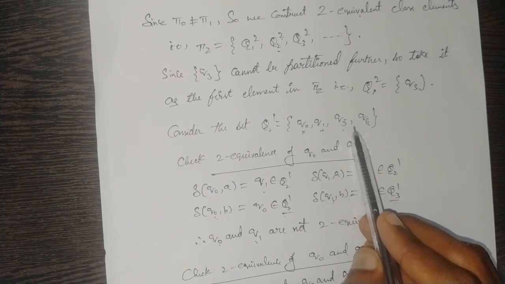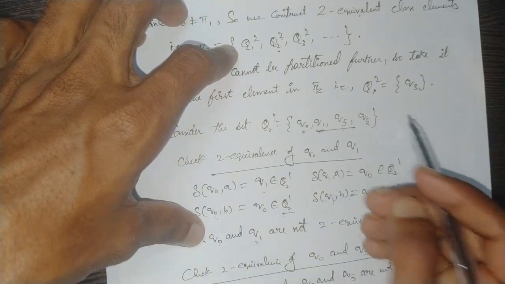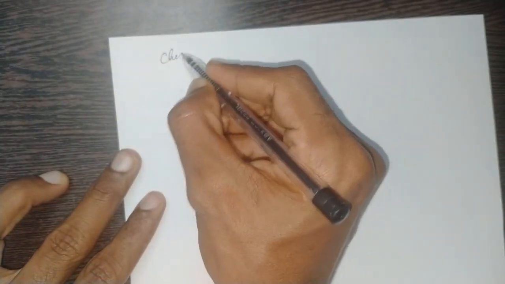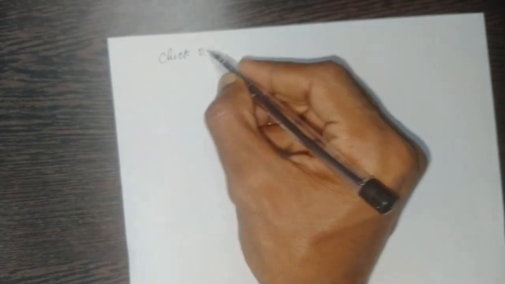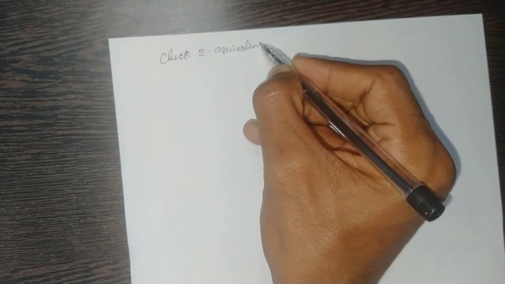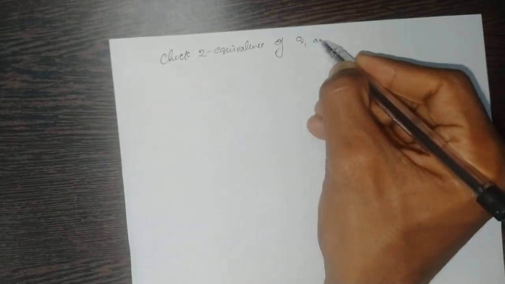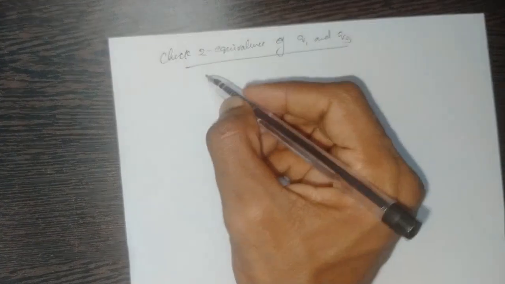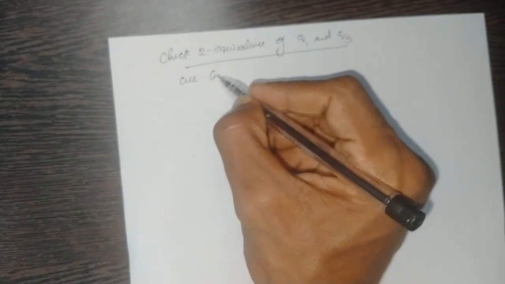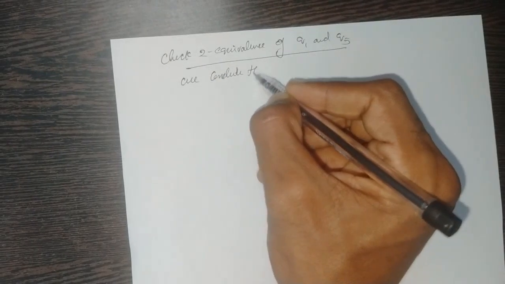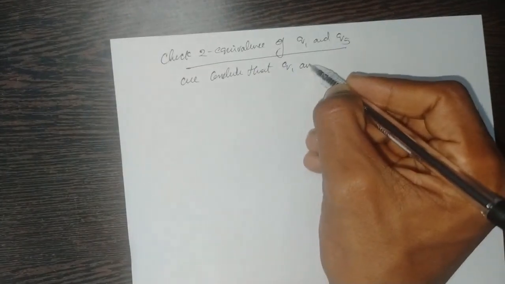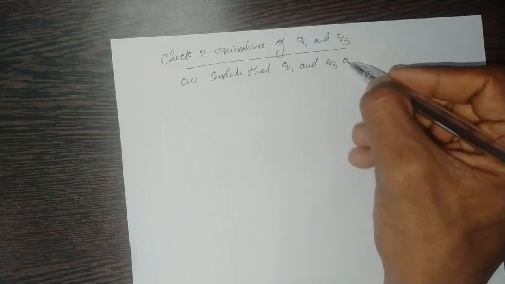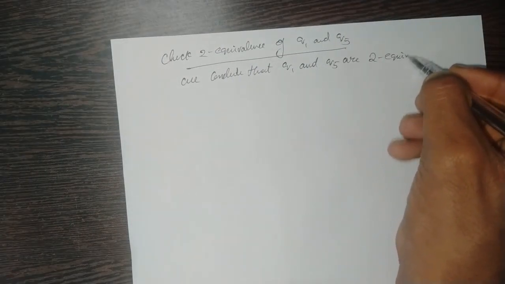Now check the equivalence for Q1 and Q5. So we conclude that they are equivalent to each other.